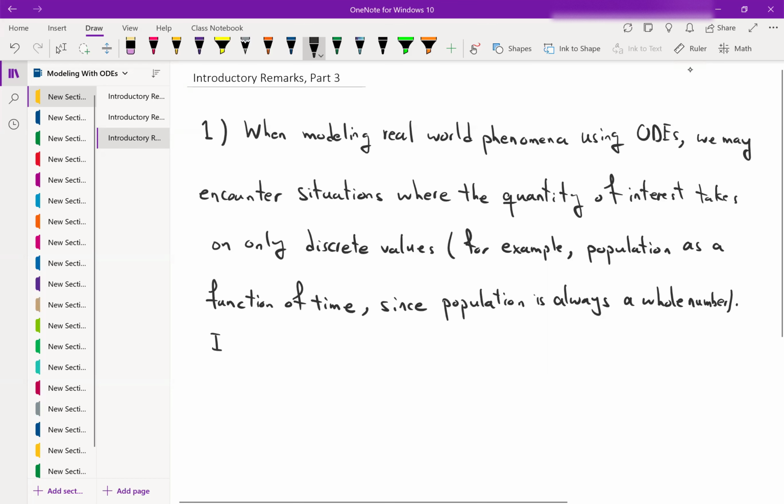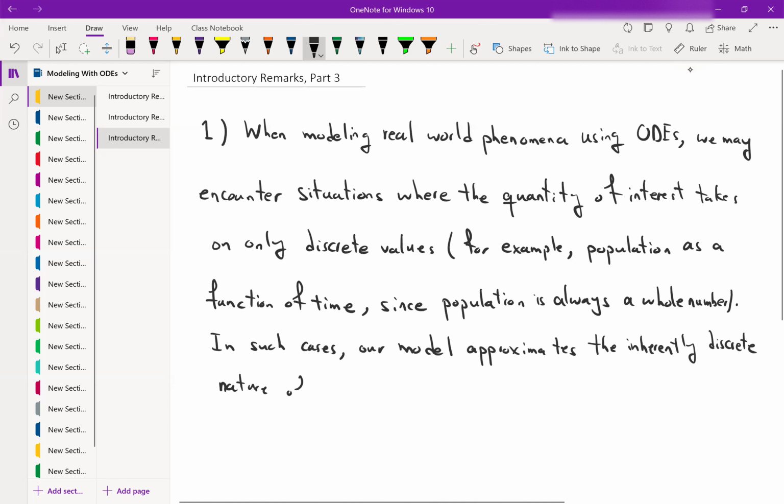In such cases, our differential equation model approximates the inherently discrete nature of the quantity with a continuous function.